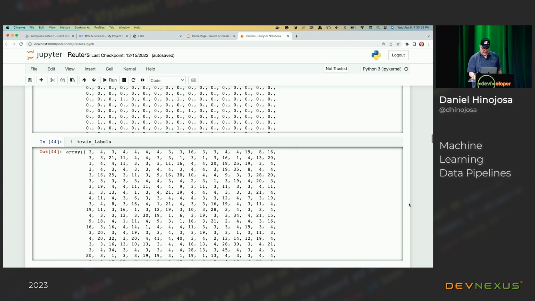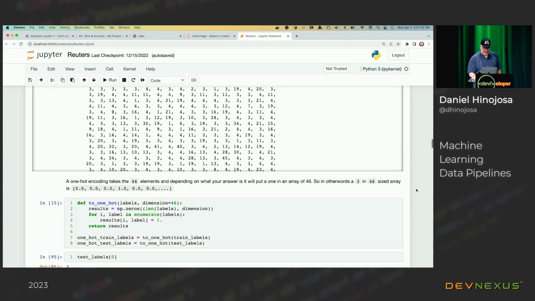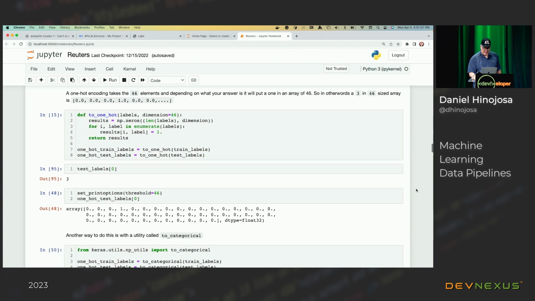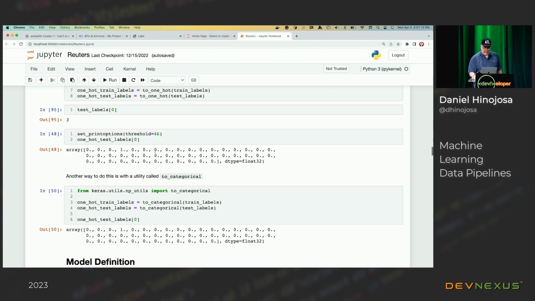Labels are the answers. So this 3 represents one of the classifications from one of those 46, like grain, acquirement, oilseed, things like that. Each one of these is the answer that we see here as far as the train labels. But again, 1s and 0s are needed here. So what we're doing is getting the 46 elements.